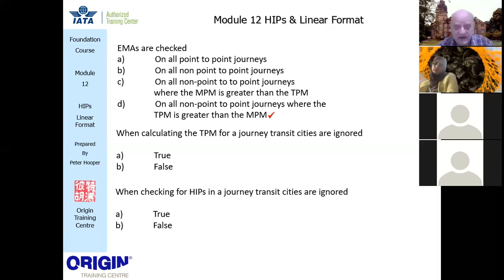Now, we've got to be careful here. When I look for HIPs, do I worry about transit cities? No. But if I'm checking the actual mileage flown, do I include transit cities?